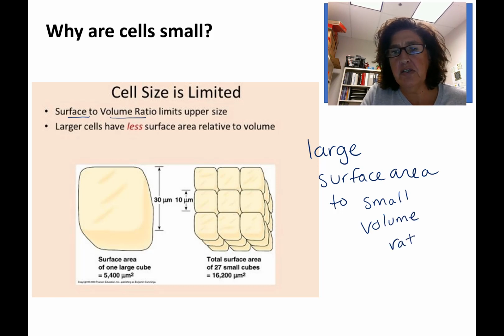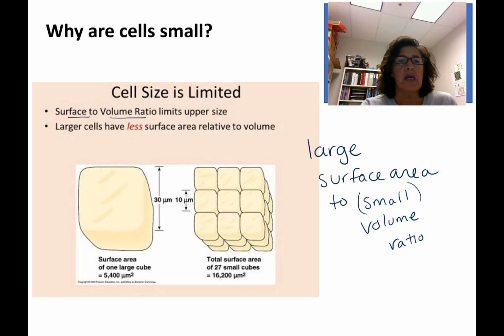So you want a large surface area, you want a small volume. And so if cells are really big, like this, they're, oh, I didn't put the ratio on here.